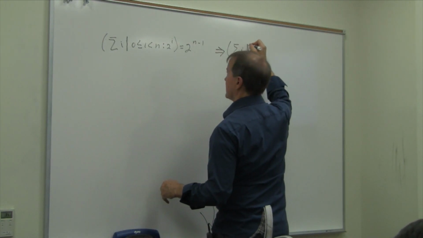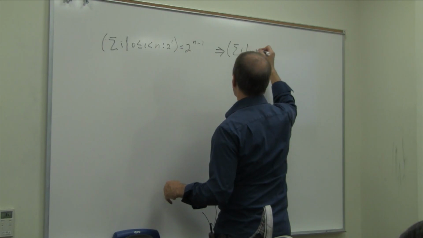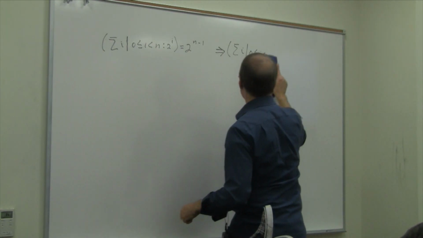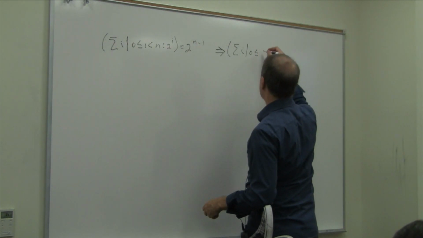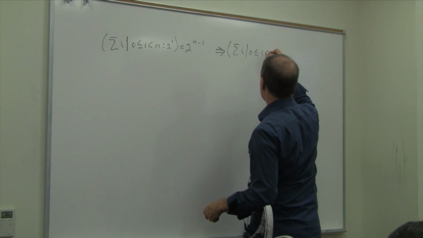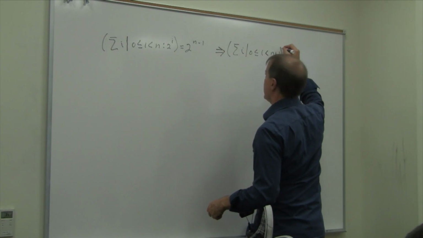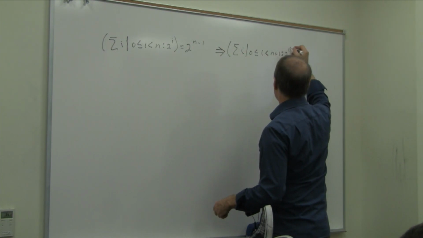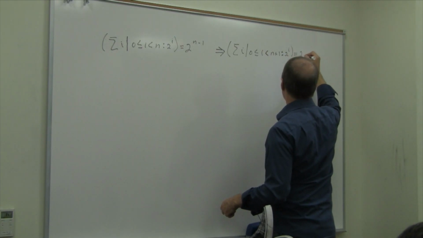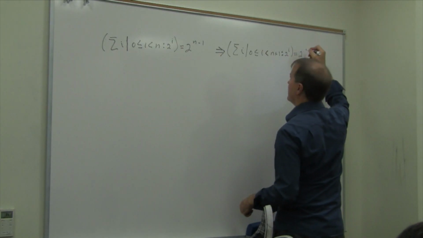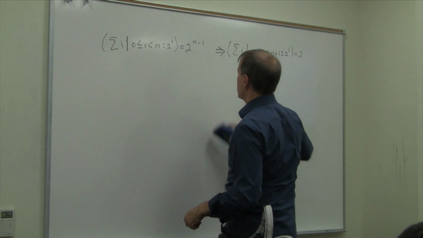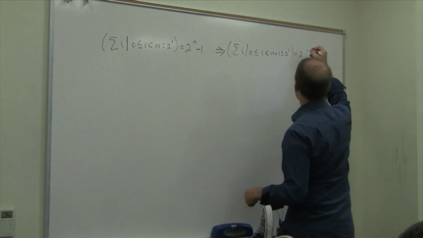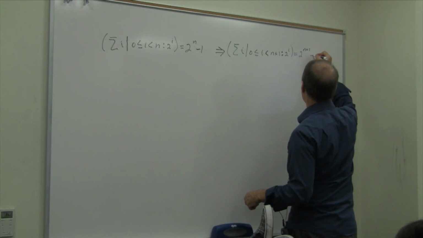That's the technique that we use. Sum on i, 0 less than or equal to i less than n plus 1, body 2 to the i equals... oh, this was wrong. This is 2 to the n. The minus 1's down here. 2 to the n plus 1 minus 1.